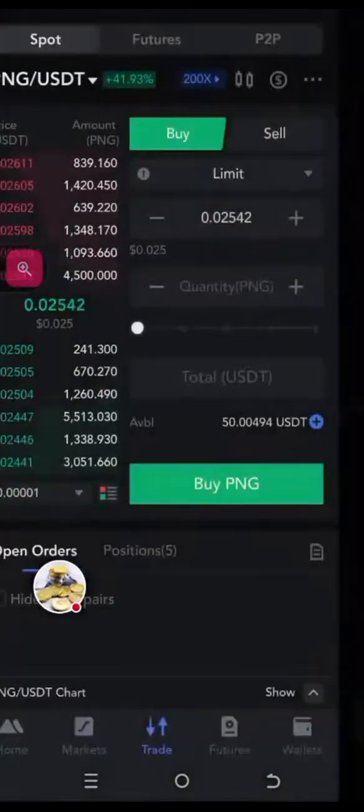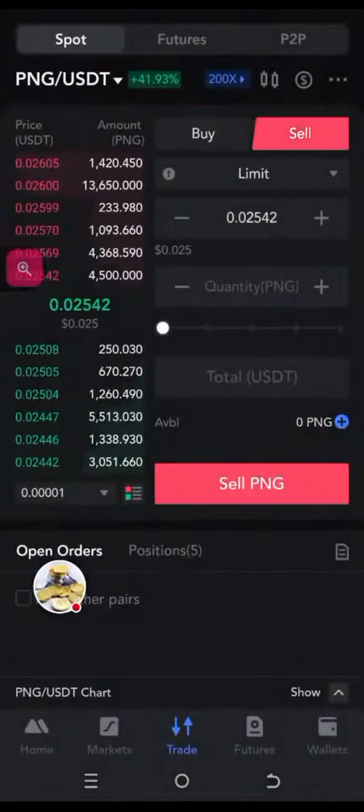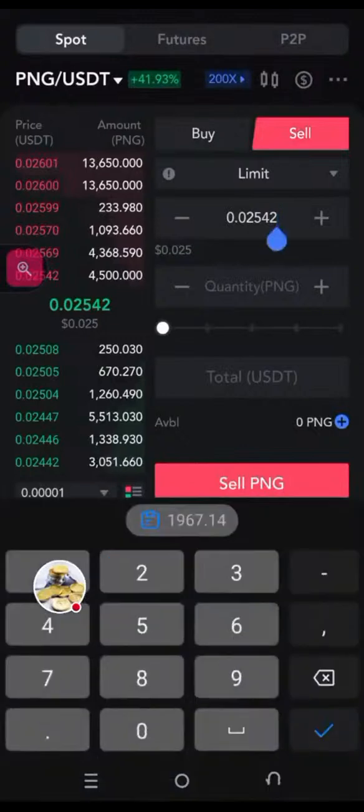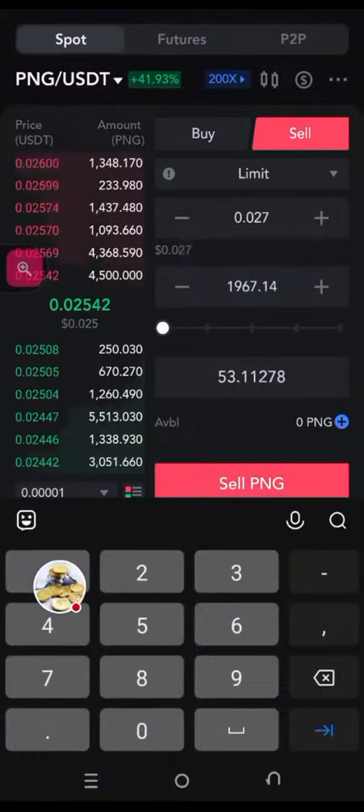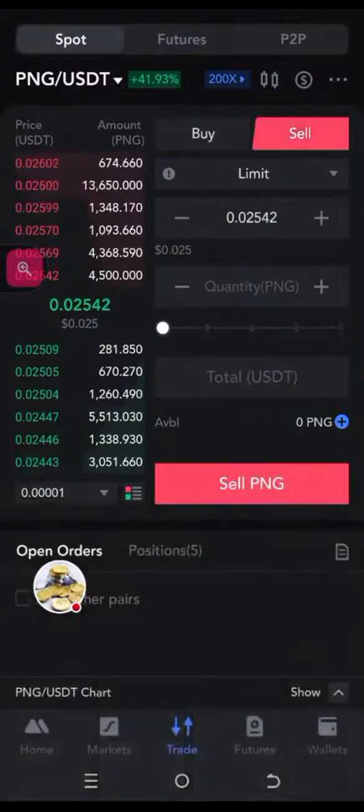So let's do 27 and see. All right, 2798. Let's put 27 there. Let's see whether I will get there. And then, okay, $53. Oh, that's interesting. Let's put 26. Let's put 26.